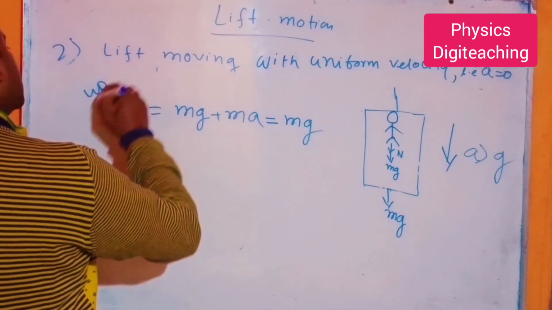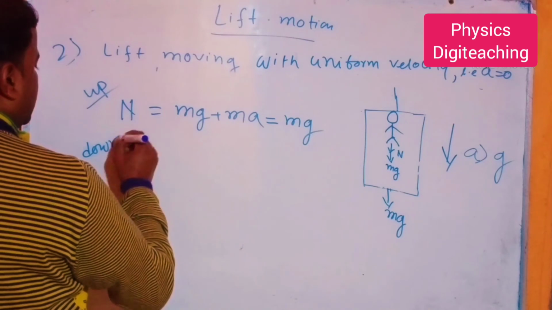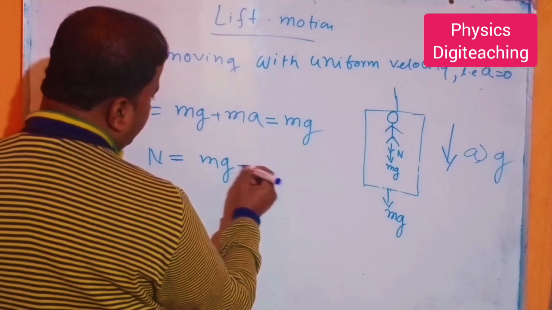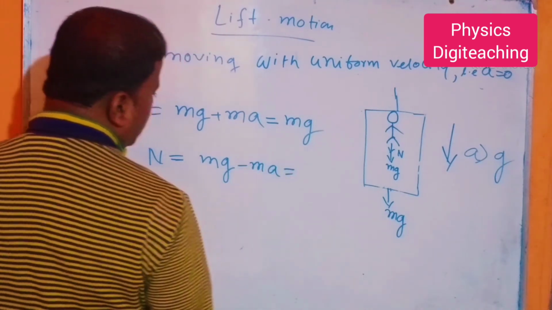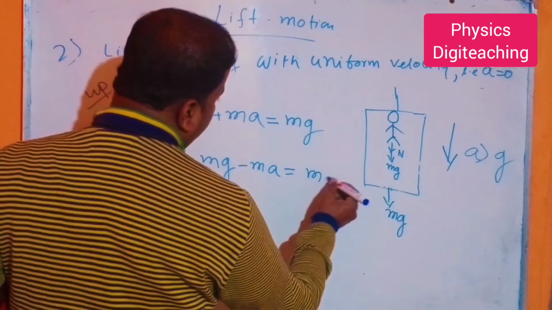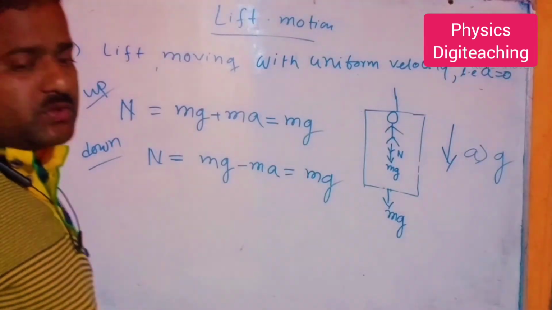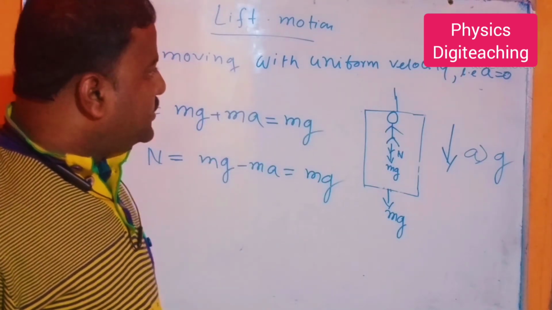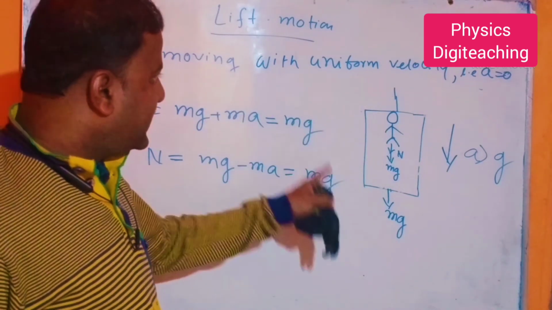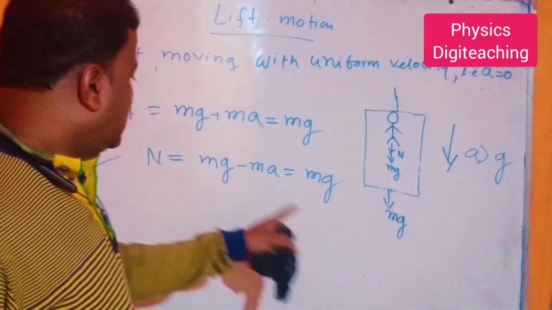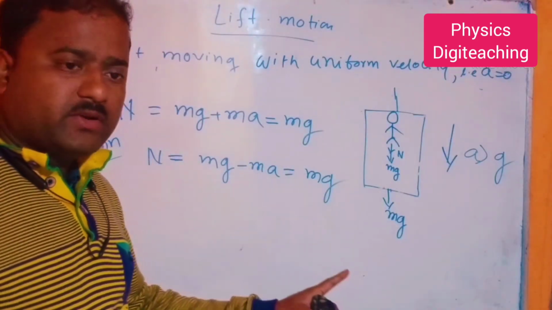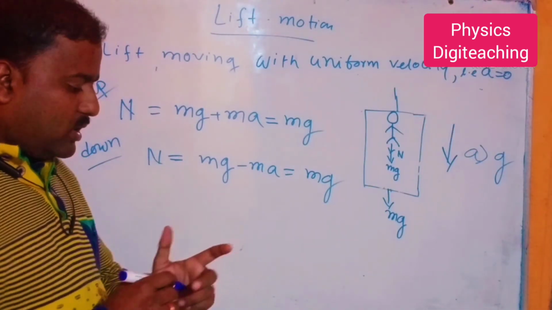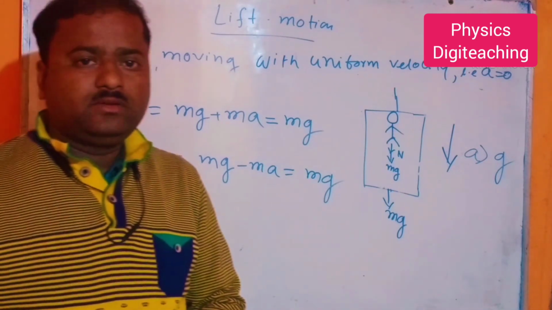For downward motion N equals mg minus ma. Here also ma is 0, therefore mg. Thus when a lift moves with uniform velocity or is at rest, that is acceleration is 0, there is no change of weight. The actual weight acts here. This is our lift motion.